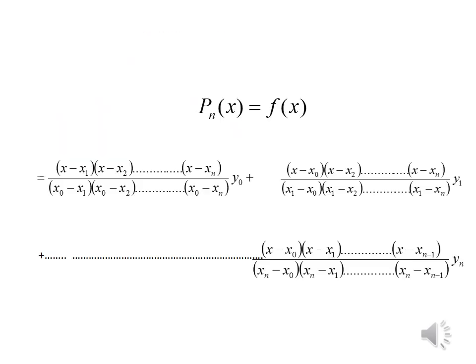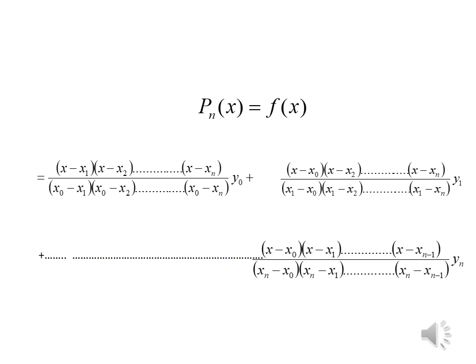In this method we first make a polynomial P n of x by using the equation. You need to keep this equation in mind, but it is very easy to make. First of all, in the numerator you exempt x naught and subtract the other values from x. All the remaining values should be subtracted from x.